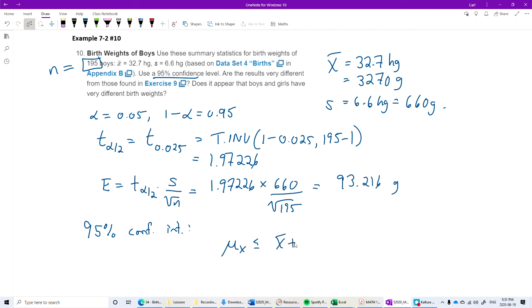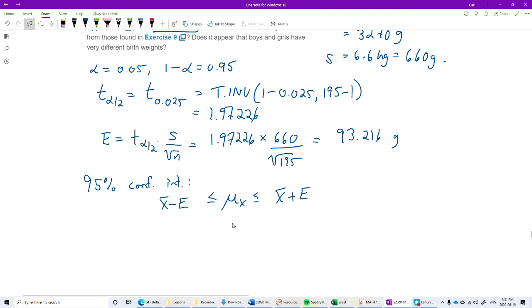So now the 95% confidence interval is going to be from X bar minus E up to X bar plus E. So what is that? 3270 plus 93.216. 3270 minus 93.216. What are those numbers?